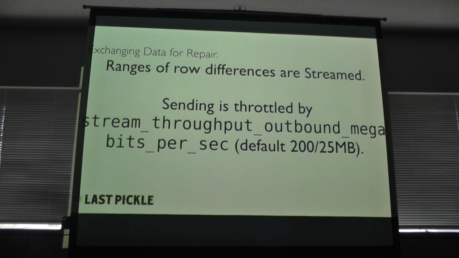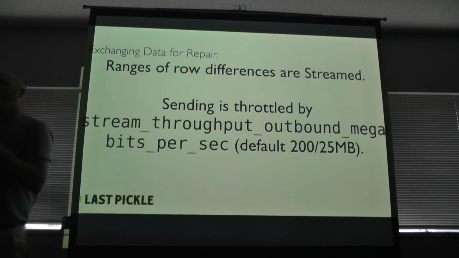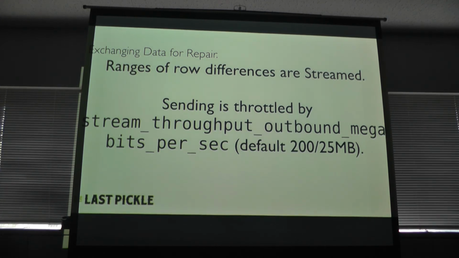If you have some very large rows in the hundreds of megabytes, those large rows can get caught up in a repair process even if they're not out of sync because a smaller row nearby may be out of sync. This can result in multiple copies of your large rows sitting on disk, and you have to wait for compaction to catch up and free that space off disk. And again, the streaming process here is throttled by the stream_throughput_outbound_megabits_per_sec.